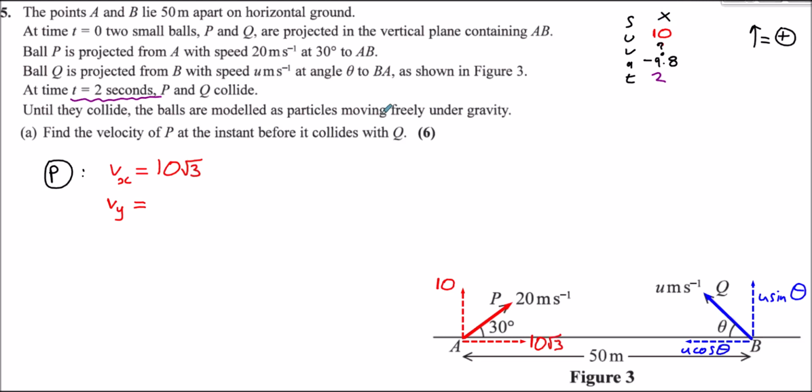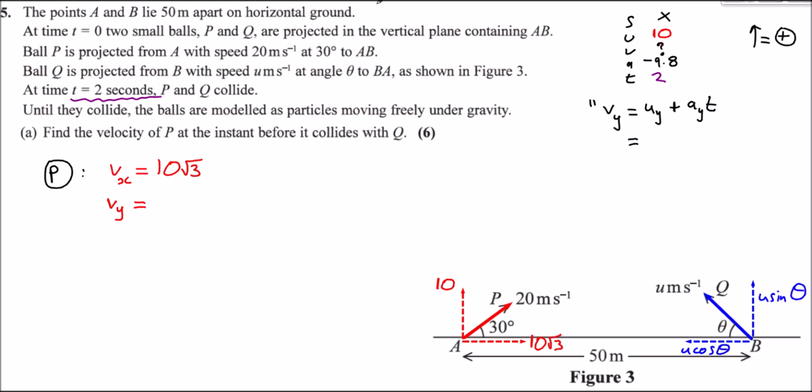So considering the velocity in y, I need an equation of motion which doesn't involve s. So here I can just use v equals u plus at. In other words, vy will be u of y, which is 10, plus the acceleration in the y direction times t.